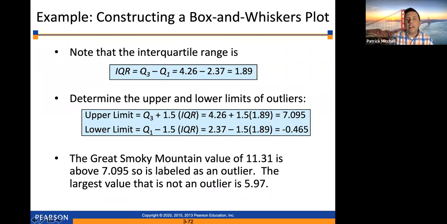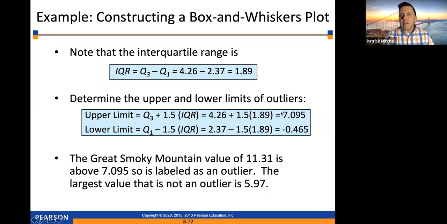The interquartile range is Q3 minus Q1, which is 4.26 minus 2.37, 1.89. So the upper and lower limits for outliers: the upper limit would be Q3 plus 1.5 times IQR. That comes out to 7.095. The lower limit, Q1 minus 1.5 IQR, comes out to negative 0.465. So clearly there are not any low outliers because you can't have a negative number of park visitors.